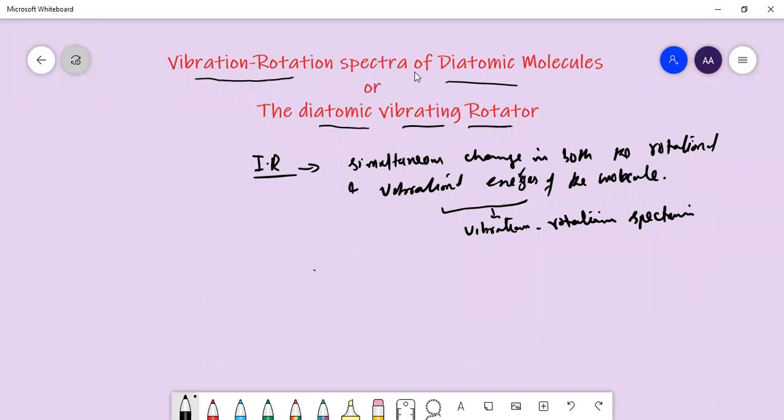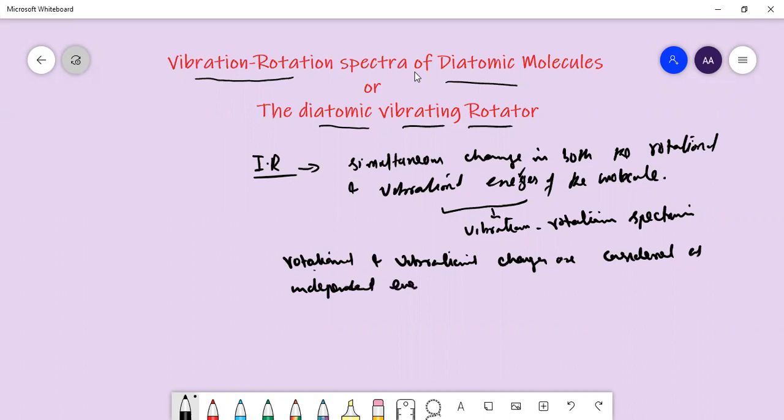Besides this, these vibrational as well as rotational changes are considered as independent events.